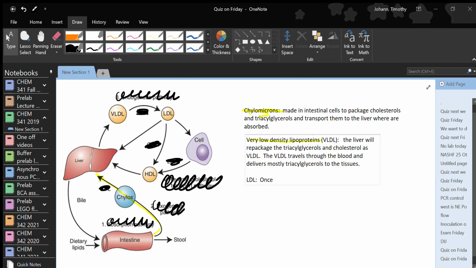All right, so once enough triacylglycerols get pulled out of VLDL, it's now considered LDL. It's more dense because we pulled triacylglycerols out and a higher fraction of it is protein.